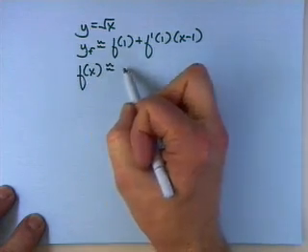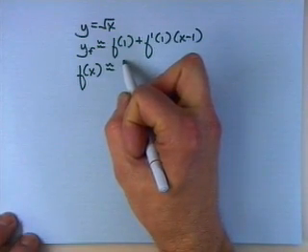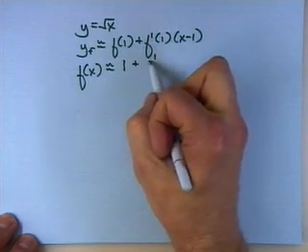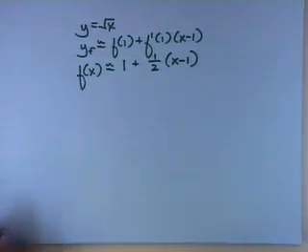I feel a little more comfortable writing it that way. So we're going to approximate the f of x values, the y values on the function. The f of 1 is the square root of 1. That was 1. The f prime of 1, we did that a moment ago. That was 1/2.